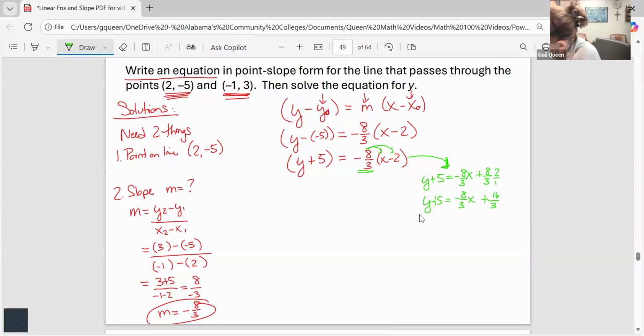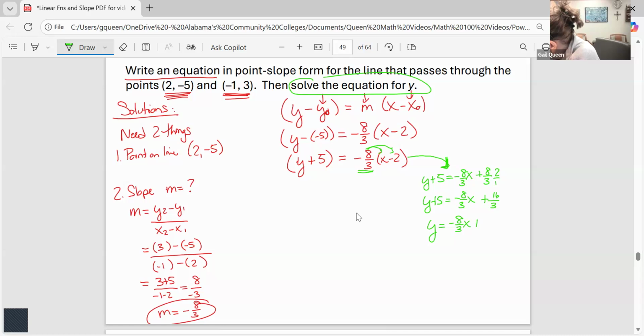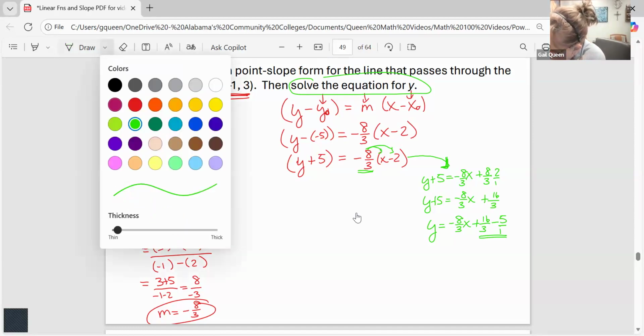The last thing I need to do to solve the equation for y is to get rid of the 5 on the left-hand side. So we're going to subtract 5 from both sides. So I have -8/3 x plus 16/3 minus 5. Now, in order to combine like terms, these two numbers, I need to first write that whole number 5 as a fraction, 5 over 1. I need these two fractions to have a common denominator.